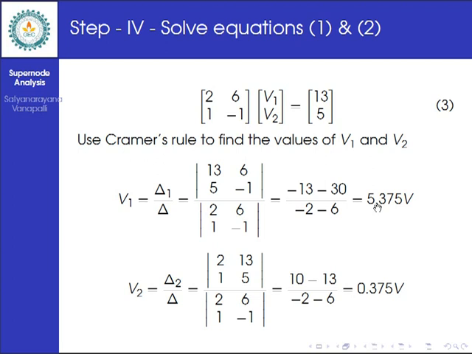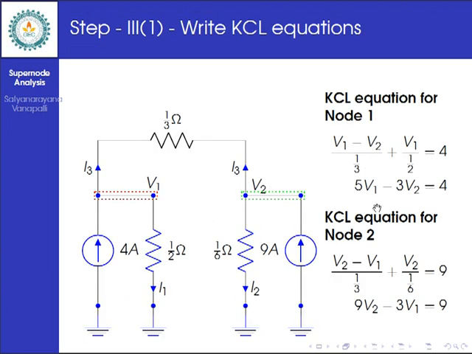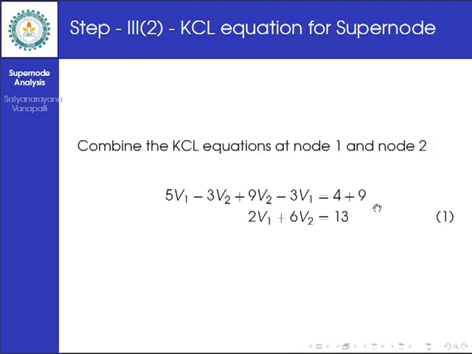So as we determined the values of V1 and V2, you can find out the values of the branch currents that are flowing through the branches. For the 1 by 2 ohm, I1 is equal to V1 by 1 by 2, that is equal to 2V1, and I2 is equal to 6V2, and I3 is equal to 3 into V1 minus V2.